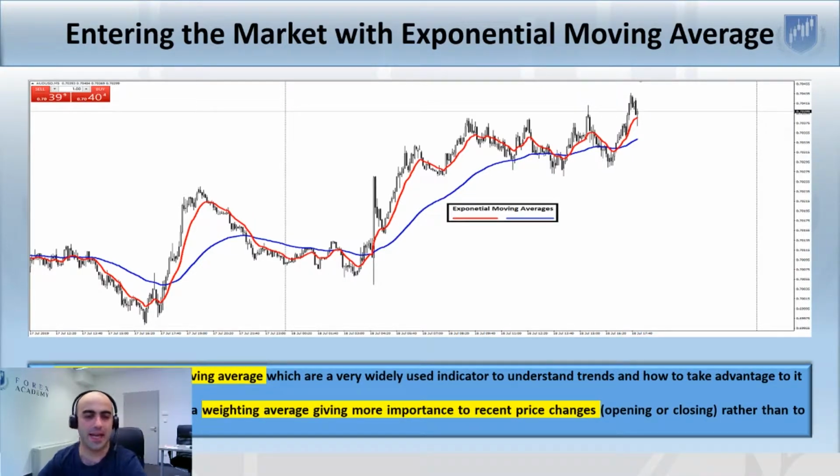Well, in this case, I want to introduce you to the exponential moving average, which is a weighted average belonging to the moving average family, which is built up with the simple moving average, SMA. However, it differs from that because this is a weighted moving average, which takes into consideration and gives much more importance to recent price rather than the historical values of it.